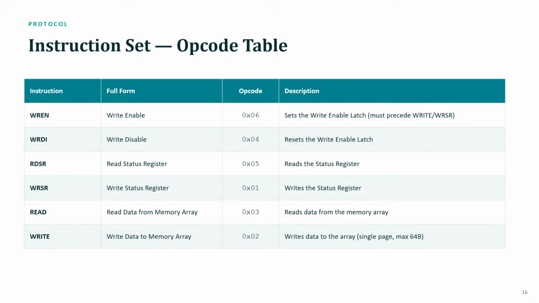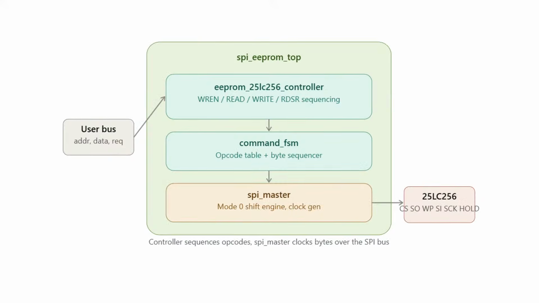For every particular operation, we have some set of commands. We are going to refer to this command sheet, and whenever we send the data or the address, we are going to send this particular opcode so that our memory will come to know that the user wants to perform this operation. We will discuss this instruction set and opcodes later.